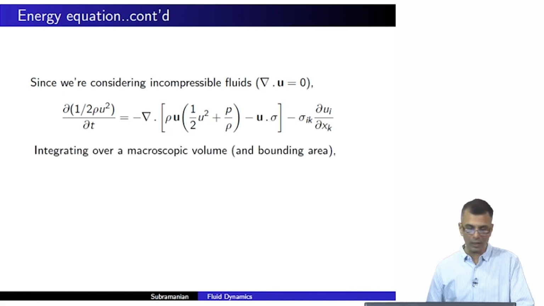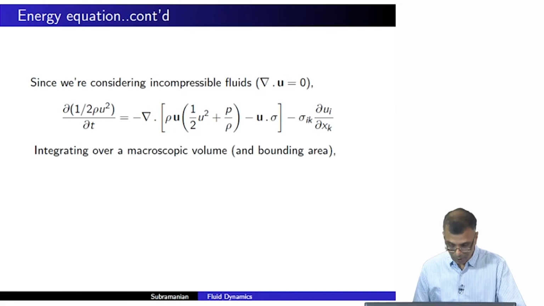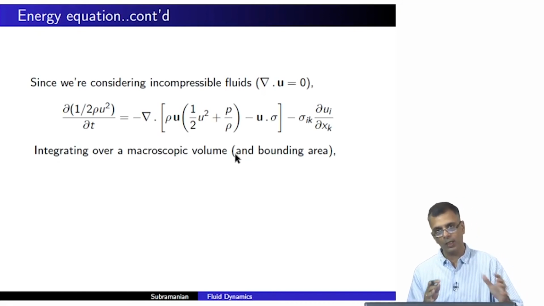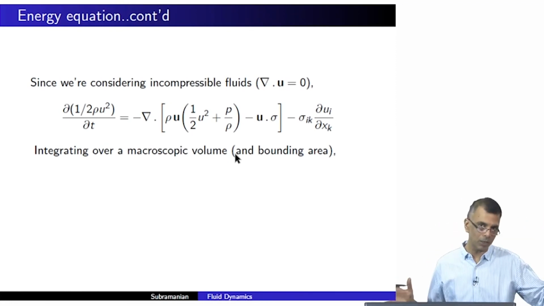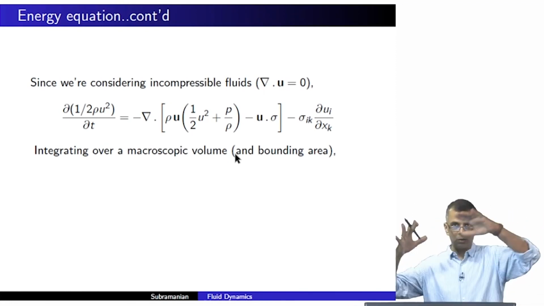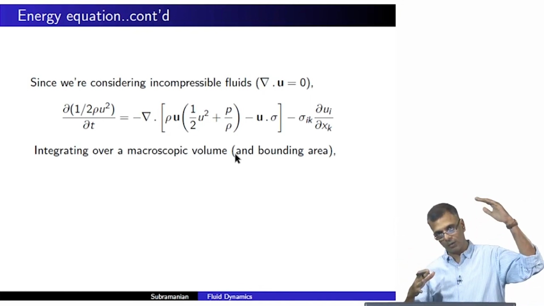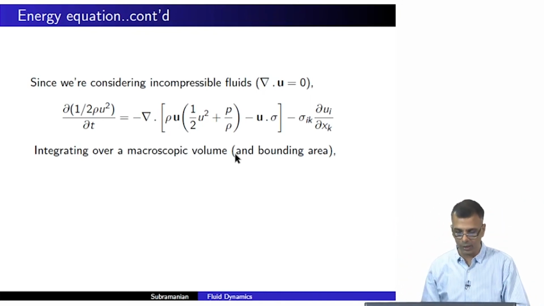Now we're going to do something very important, and we integrate over a macroscopic volume and bounding area. What I mean is that we integrate over the entire body of the fluid. The fluid is essentially unbounded, and so the bounding area is taken all the way out to infinity, and I'm going to be using Gauss's divergence theorem here.